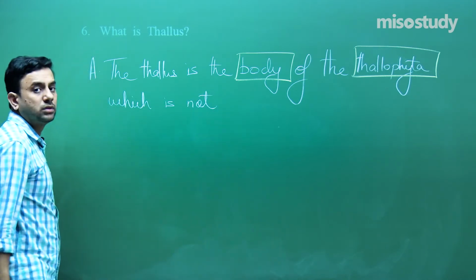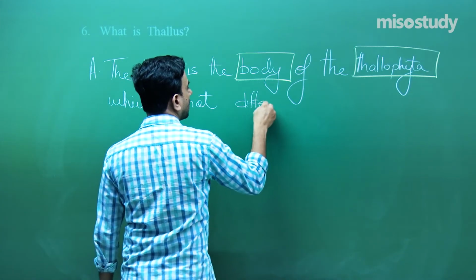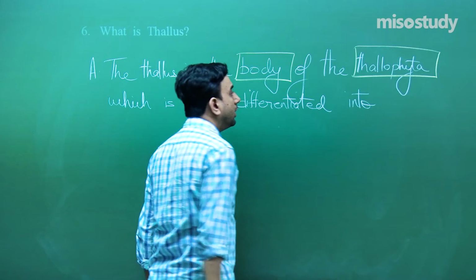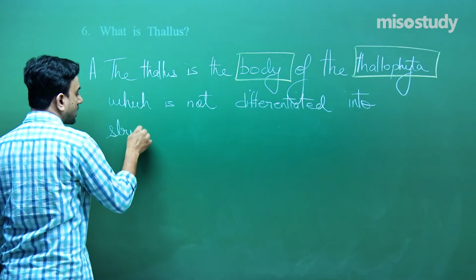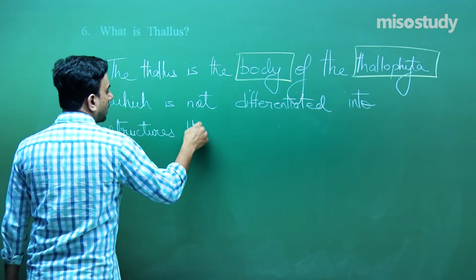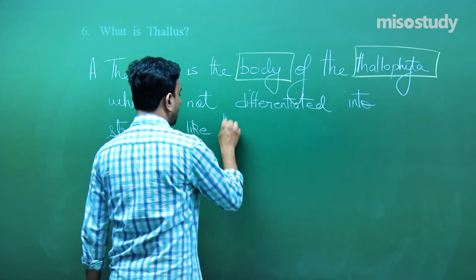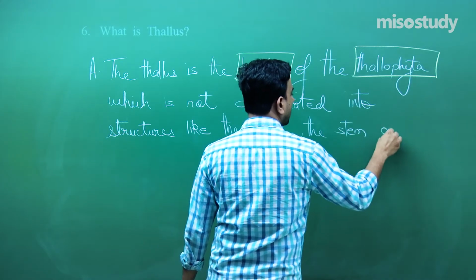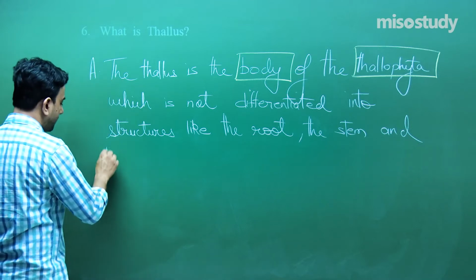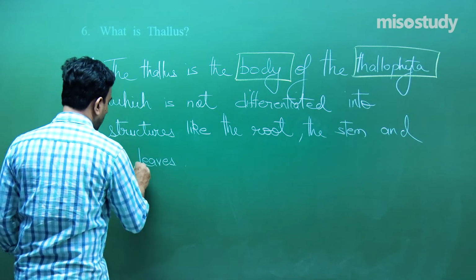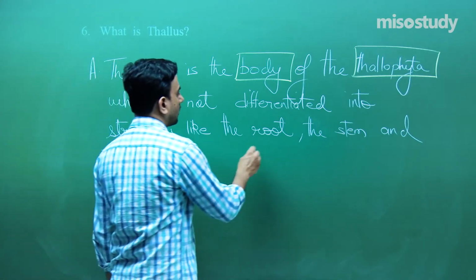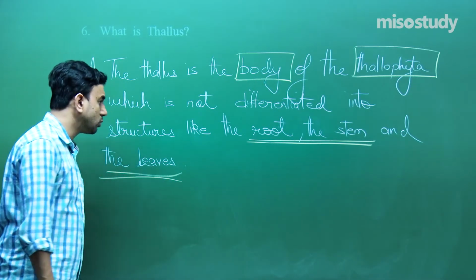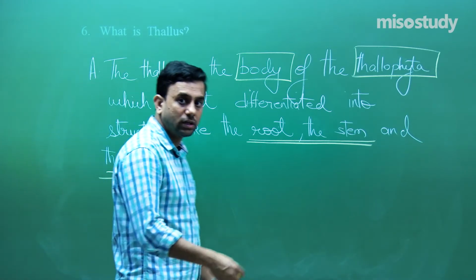The thallus is the body of the thallophyta which is not differentiated into structures like the root, the stem and the leaves, and that is what a thallus is.